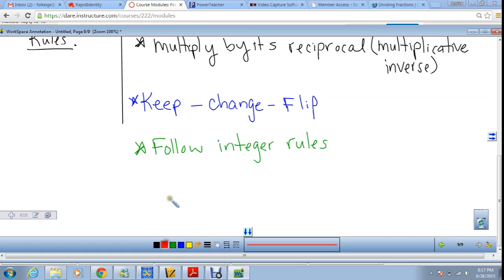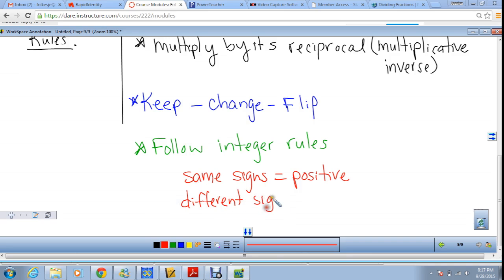What I mean by that is, if they have the same signs, your answer is going to be positive, just like regular integers if you didn't have fractions. Same signs, your answer is positive. Different signs, your answer is going to be negative.